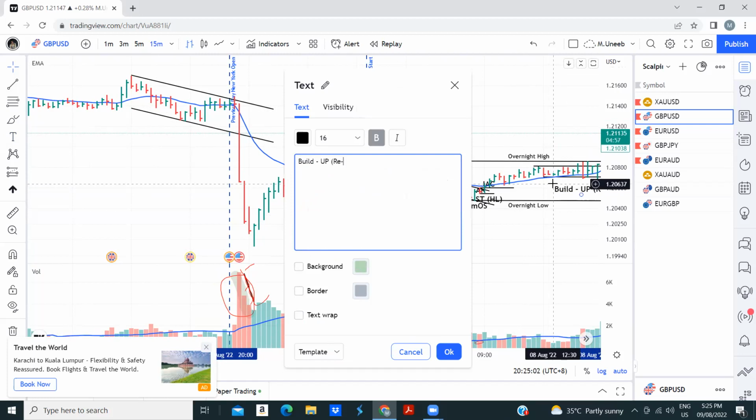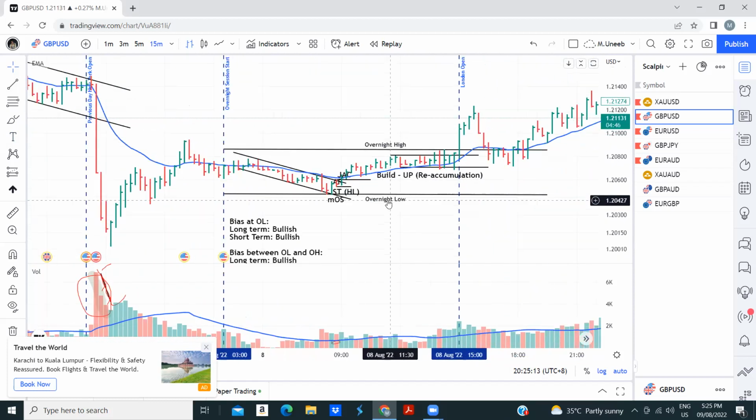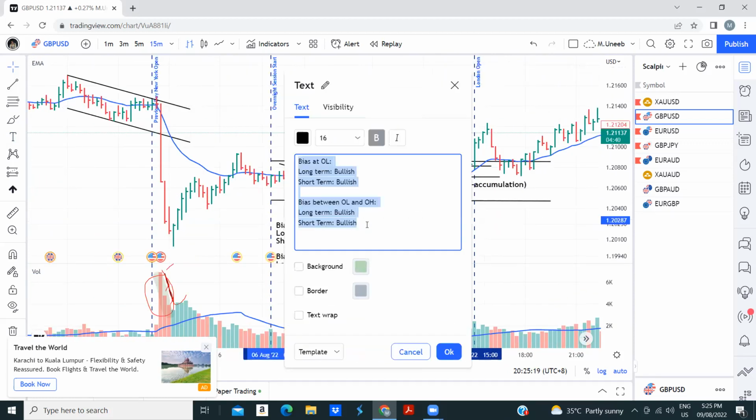Yes. Any confusion? No. Okay. Now we have a reaccumulation here. Build up and reaccumulation. Now, with this, we will determine the bias at OH.